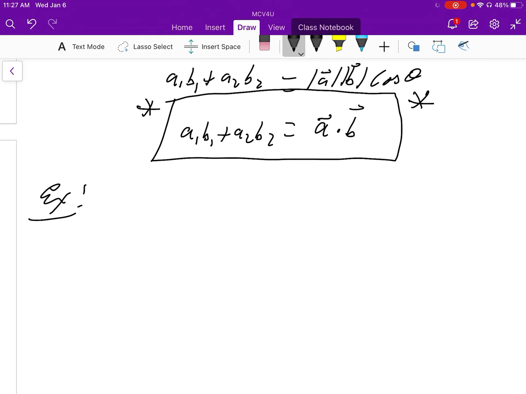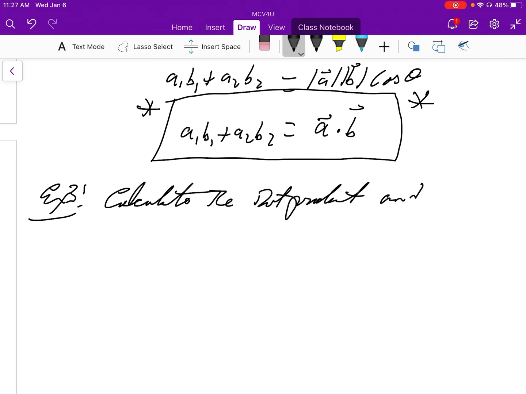Okay, but there's something really key that we can take a look at with these examples. So in the following, we're going to calculate the dot product and, here's the key, determine the angle between the vectors.